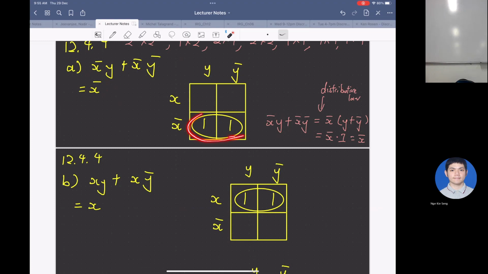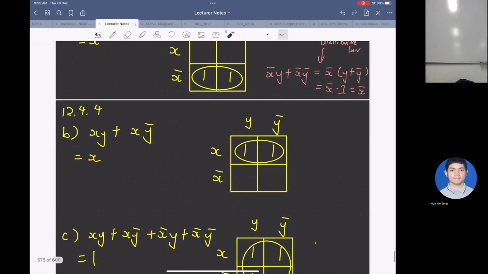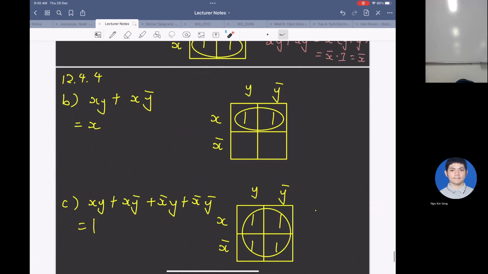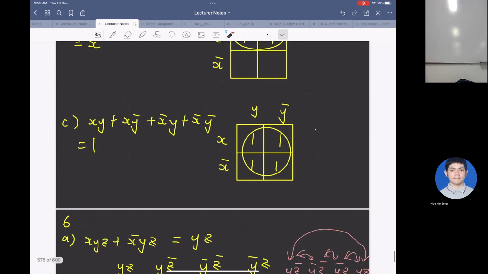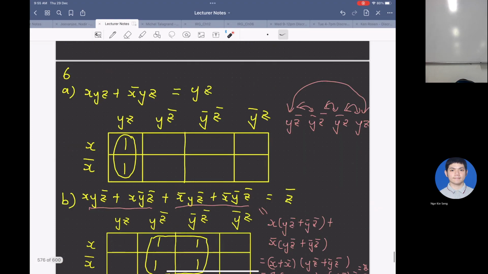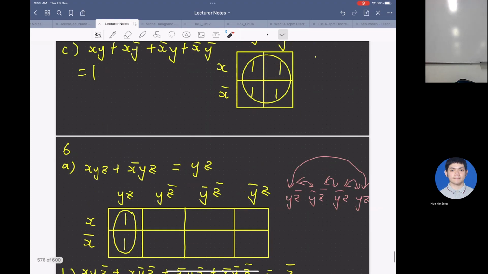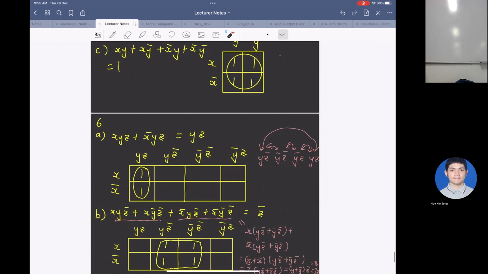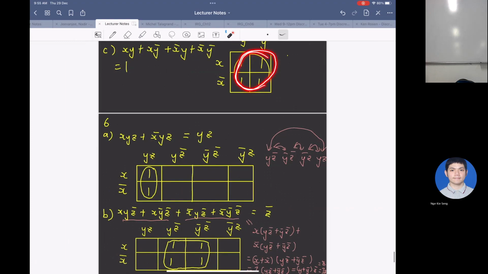When you see the block, you can reduce the literal, depending on the horizontal block or the vertical block. Here is a block of 4, reduced to 1. But here also a block of 4, but reduced to Z bar. Can you see the difference?